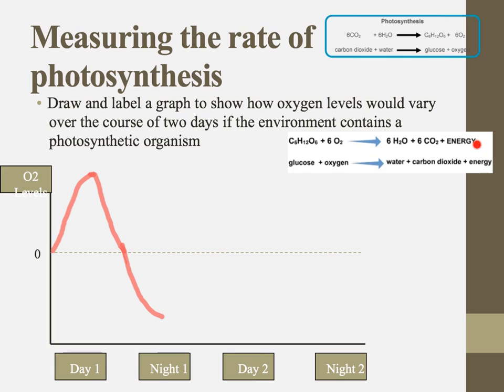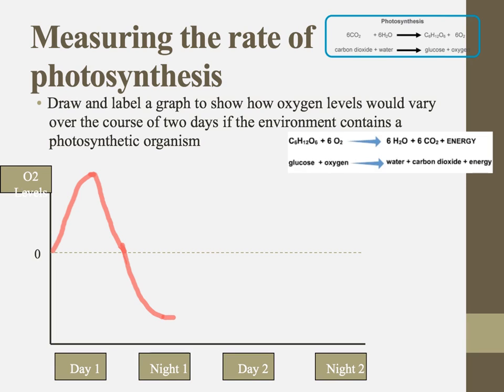Because they're doing this all the time, they're consuming oxygen all the time, but usually it's just outweighed by how much they're producing. So you can think of it like money, like they're spending a little bit of money, but they're making a lot. When it's not light outside, all they're doing is spending, they're not making any. And so then we see that trend continuing.